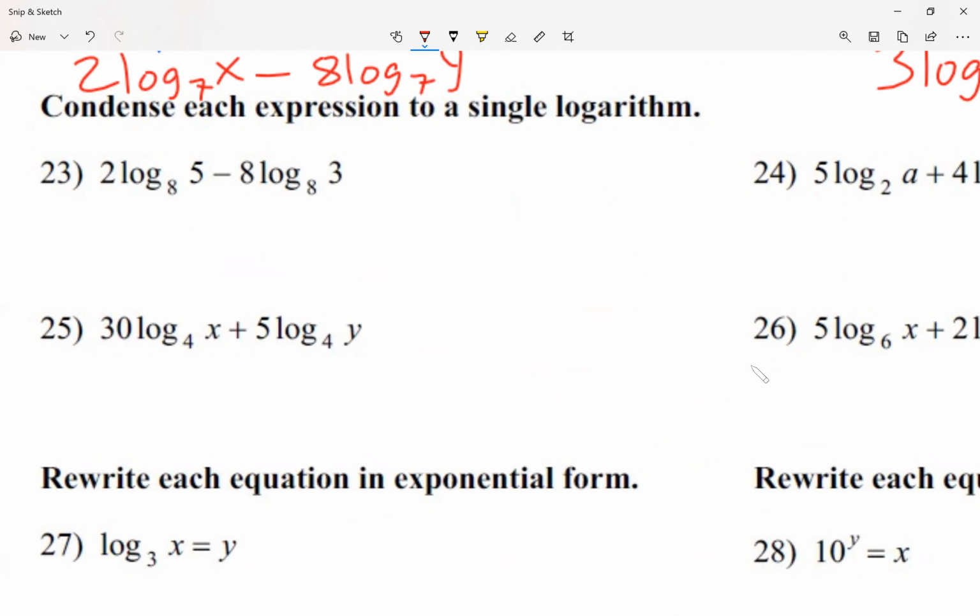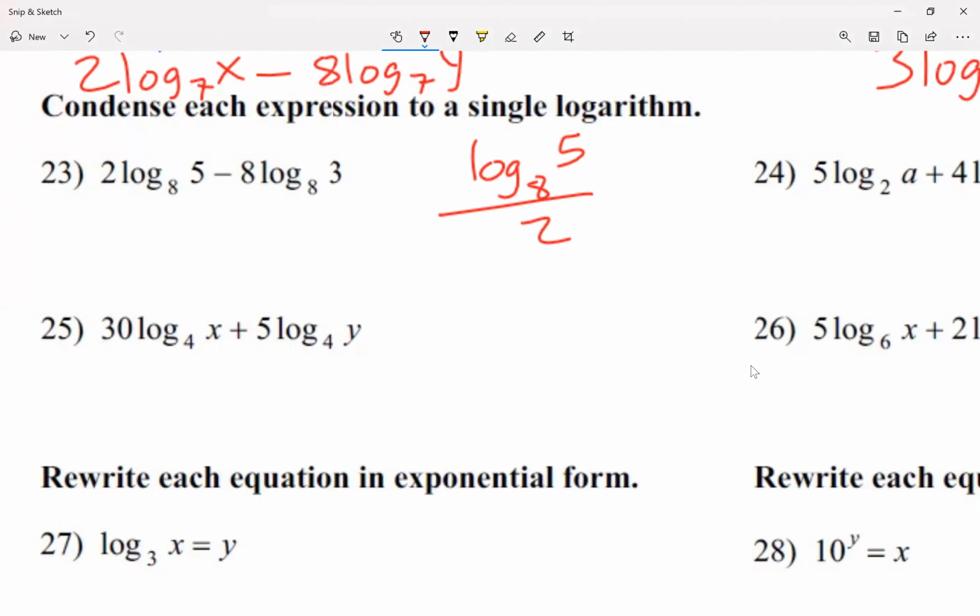What I'm going to do first: if I have any fractions, so what I mean with fraction, let's say I have something like log base 8 of 5 over 2. Okay, let's say I had something like that. If I have any fractions, make it just one fraction in front of the log.